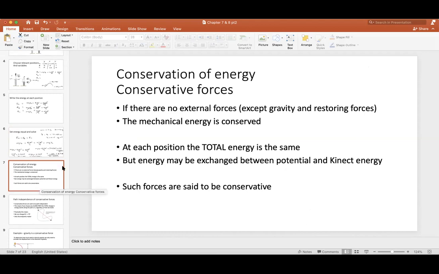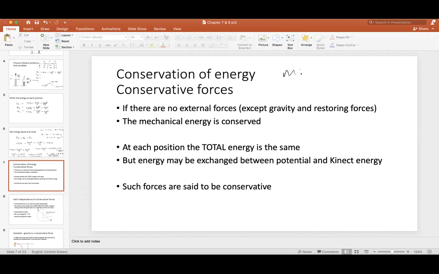So, okay. We talked a bunch about gravity and springs or restoring forces, that these forces are conservative, that energy is conserved. And what a conservative force means, well, first of all, we say that if there's no external force, there's no forces but gravity and restoring forces acting on the system, then the mechanical energy is conserved.